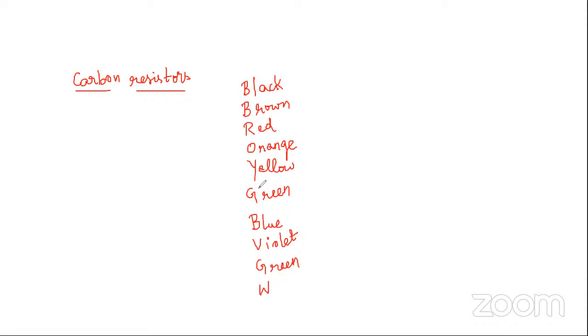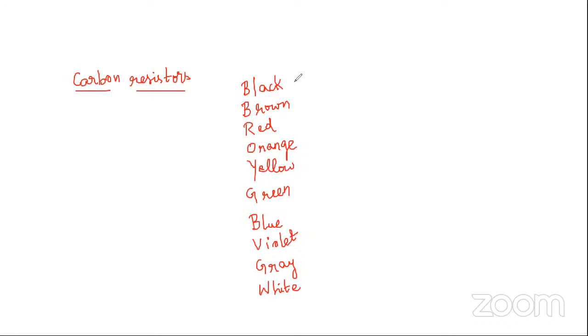So you have gray here, and you have white here. For carbon resistors, you have to remember this order.